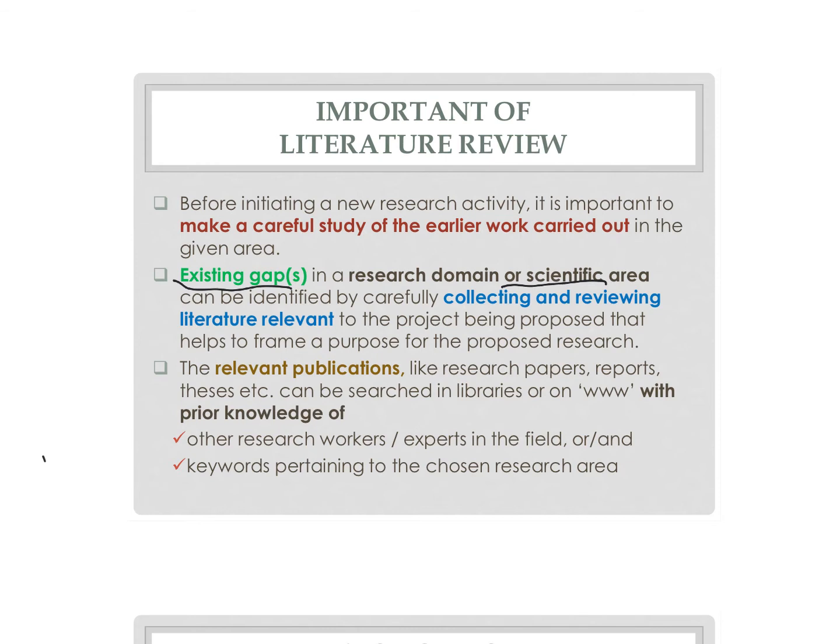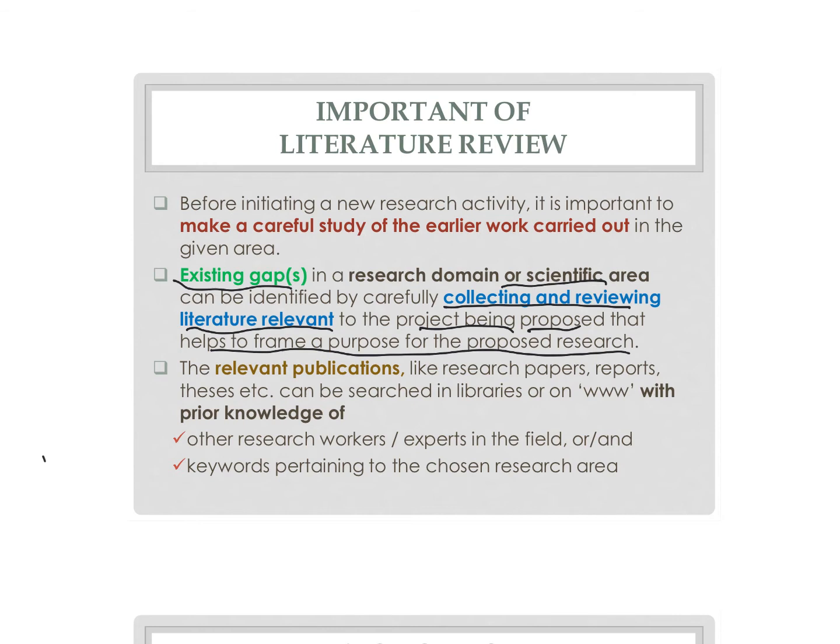Okay, so how to do that? You have to carefully collect and review literature relevant to the project being proposed, which helps to frame a purpose for the proposed research. So based on that, madam kan dah tahu kita nak propose apa. Dalam chapter 1, you just state the objective and the scope.